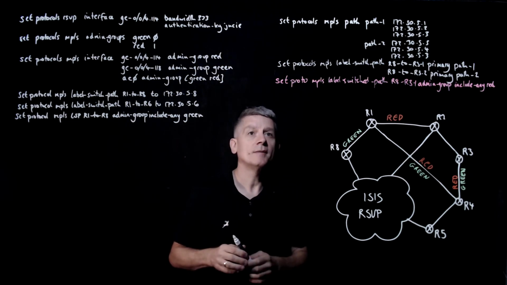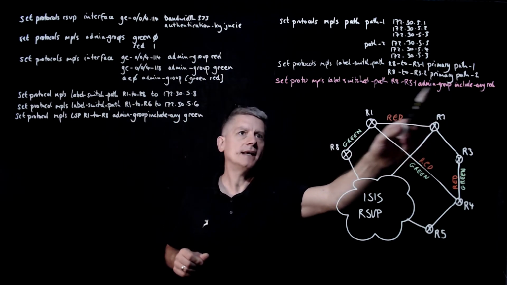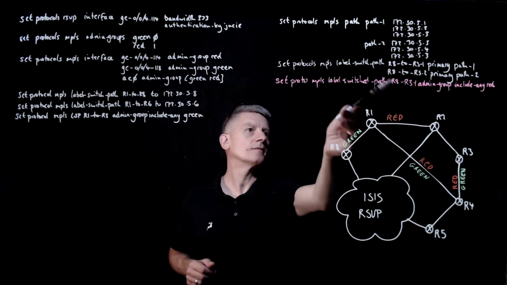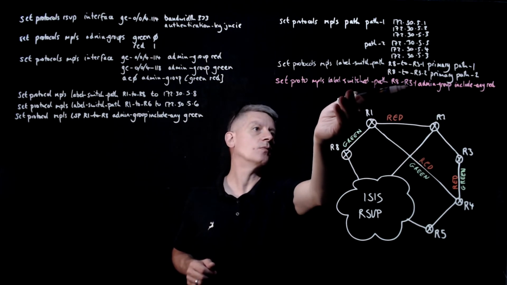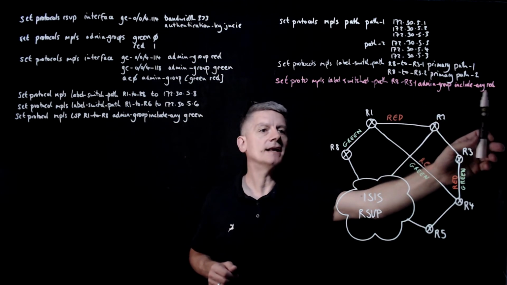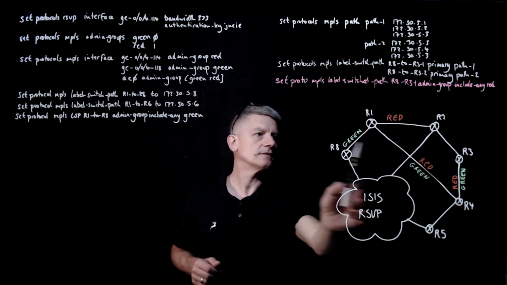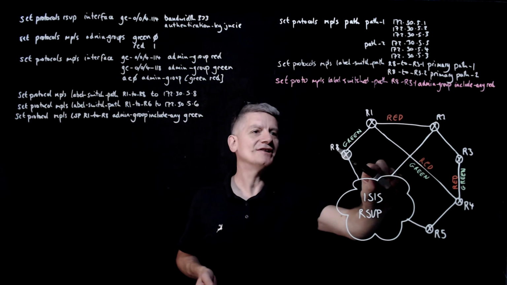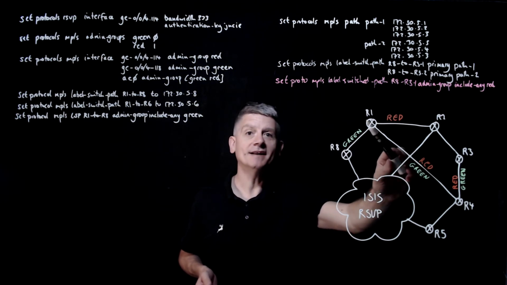And of course you can combine them. So here in the pinky purple, set protocol MPLS, label switch path, we're looking at the R8 to R3 1. And what we're saying is also admin group include any red. So we're going from R8 to R3. Now if we were including any red, we couldn't use this path here. So we'd immediately have a problem.